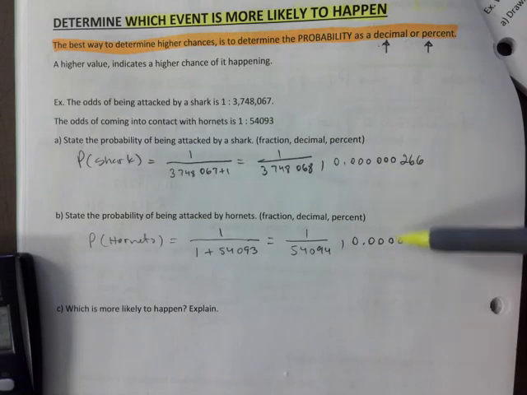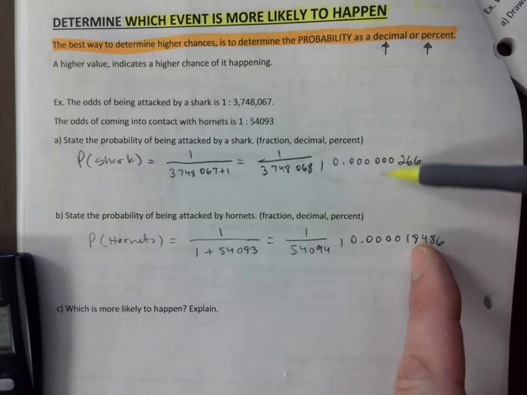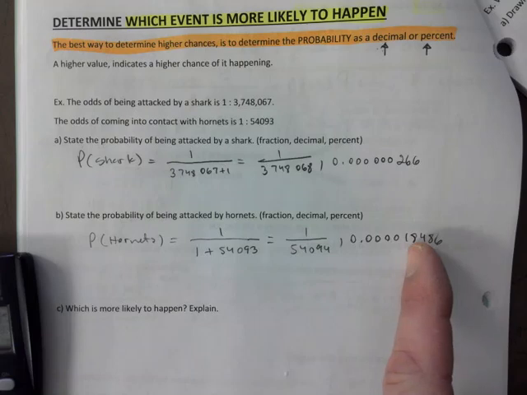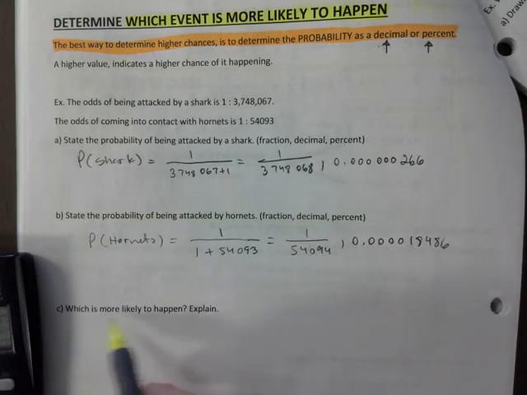But let's say they both had four zeros, right? Then you would go to the fifth and compare both, like at the fifth decimal place, and whichever one is larger there wins. Okay, is the most likely to happen. Which is more likely to happen?